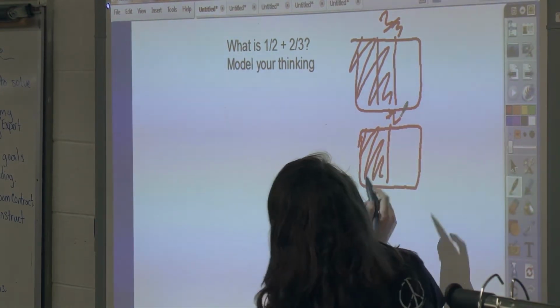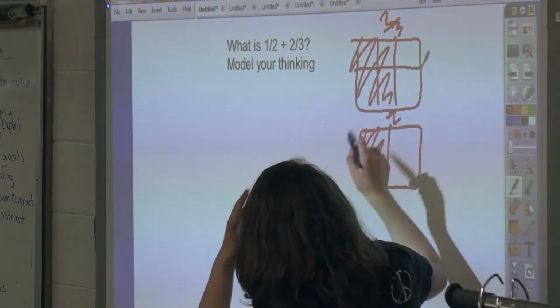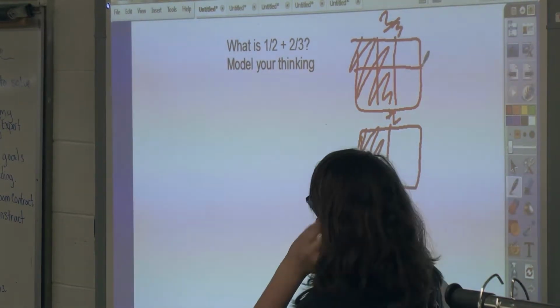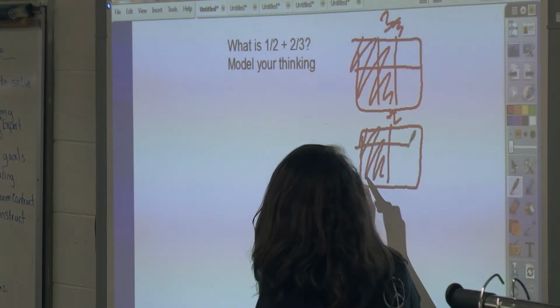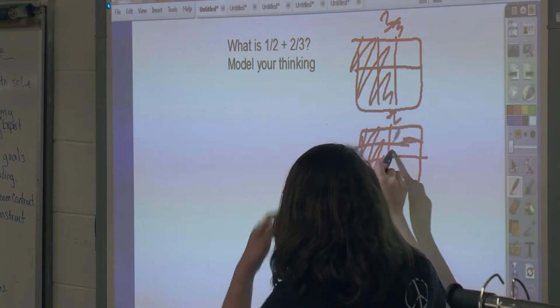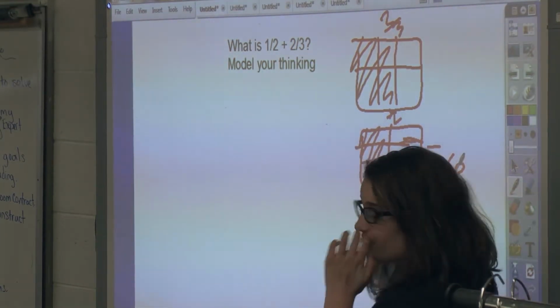And I took the 2/3 and I split it into 2 sections so that then you could have equal denominators. And I took the 3 and I made this into 3 sections. Then it equals to 6 as the whole for both of them.